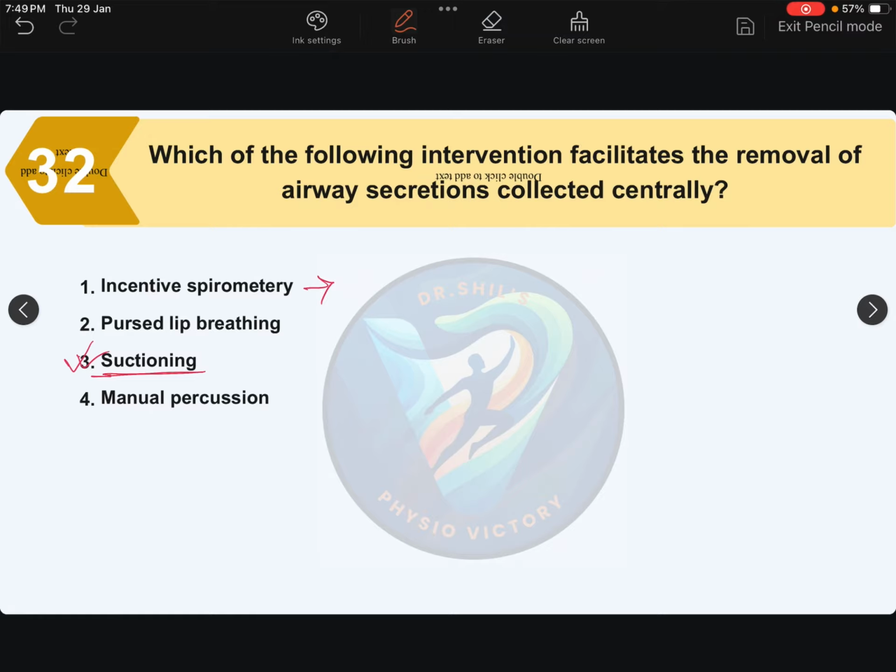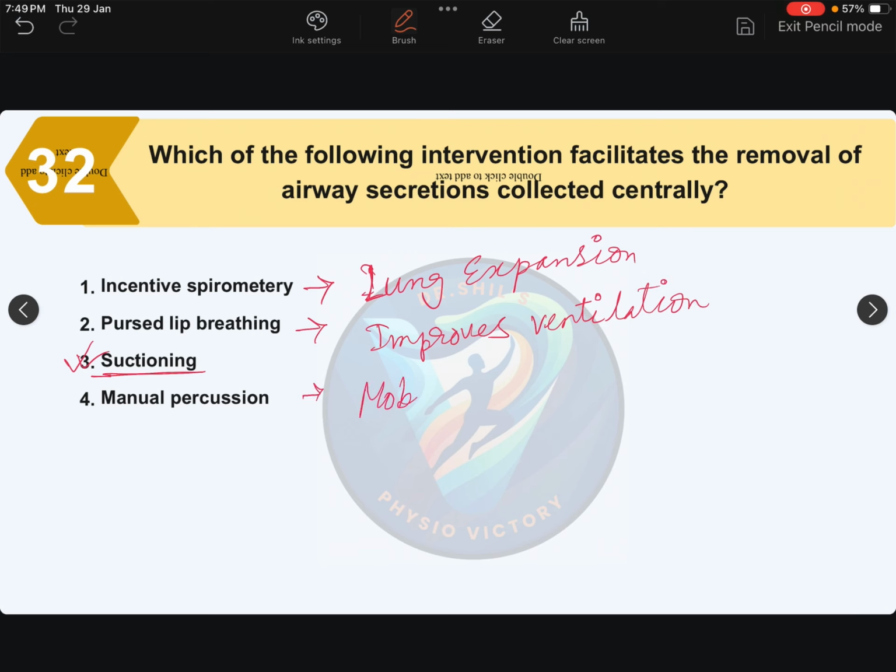Incentive spirometry is used for lung expansion, for slow deep breathing to improve ventilation, and manual percussion mobilizes peripheral secretions.